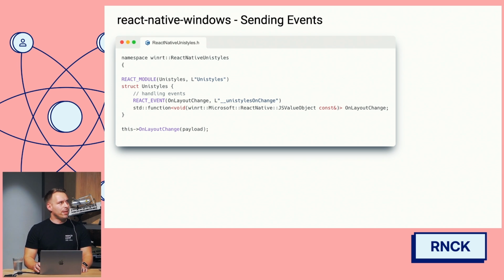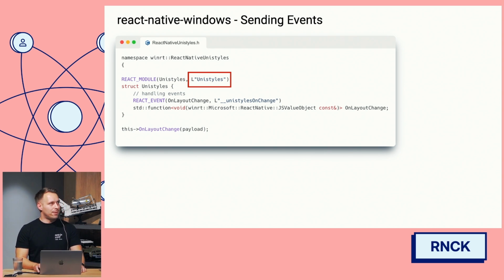What about sending events? Well, you have one more macro, and here, as a second argument of your module macro, you can pass a name of your emitter. So if you don't do that, you will actually trigger an event to everyone. So everyone from React Native can listen to your events. But here you can be more specific and mention Unistyles.